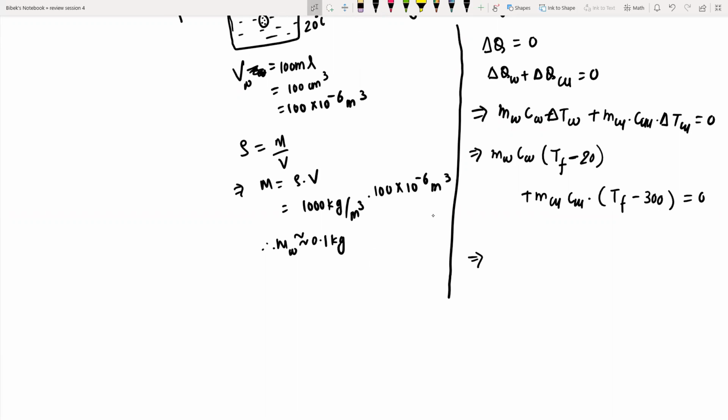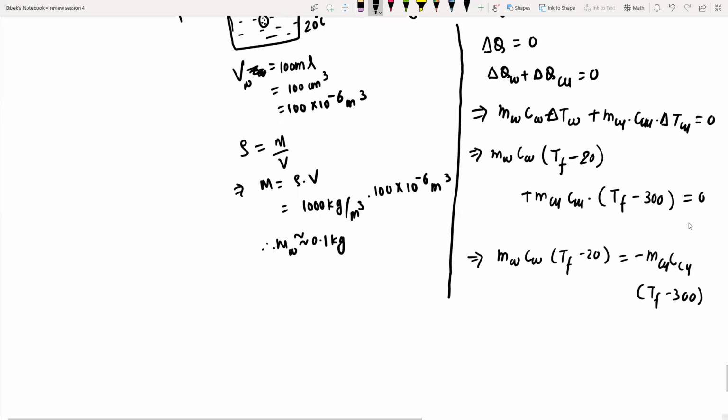First, I recommend that students do the algebra and only plug in the values. That way it is easier. So if I put T final minus 20 on one side, then that would be m Cu, c Cu, T final minus 300, brought to the other side.